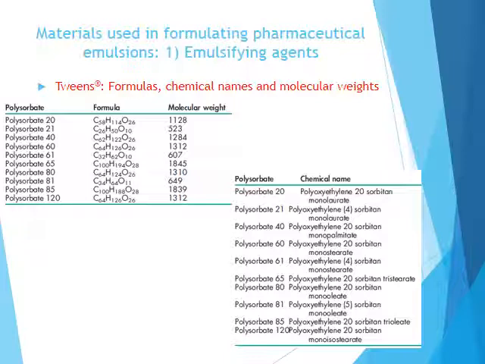So each grade of tween has a molecular formula and molecular weight. And the second table is showing the chemical names of the different tweens or polysorbates. For example, polysorbate 20 is polyoxyethylene 20 sorbitan monolaurate. So that's the general description of the chemical names of the different tweens or polysorbates.